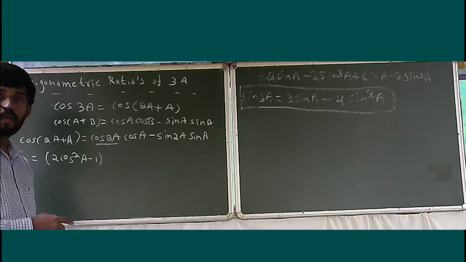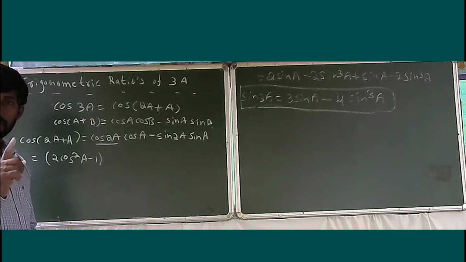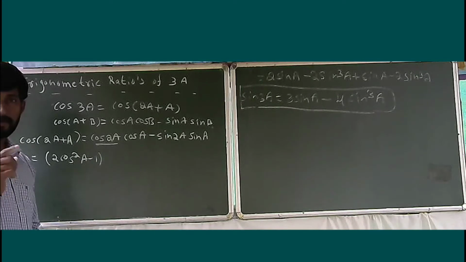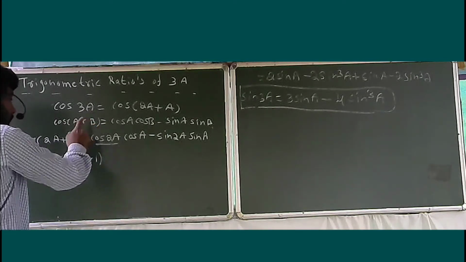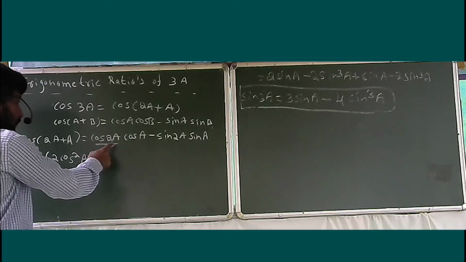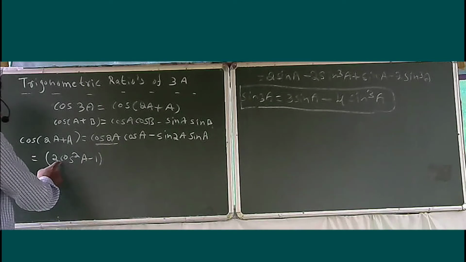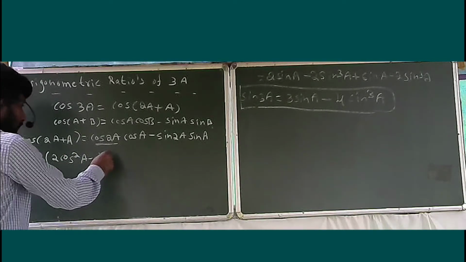And the third formula, 1 minus 2 sin square a. That two formulas has sine function, right? Since you are proving cos 3a formula, we want only cos function. For that reason, cos 2a, you are selecting the formula 2 cos square a minus 1. Clear?